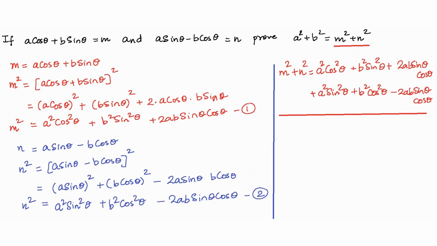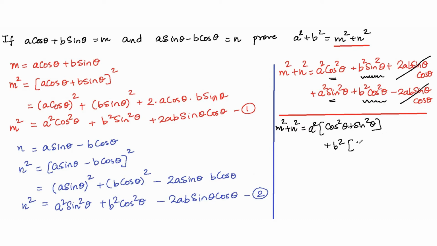You will notice that plus 2AB sin theta cos theta and minus 2AB sin theta cos theta cancel, and therefore M square plus N square is equal to, in these two terms A square is common, so let's pull it out. So A square times cos square theta plus sin square theta, and in these two terms, that is B square sin square and B square cos square, the B square term is common, so you are again left with sin square theta plus cos square theta.